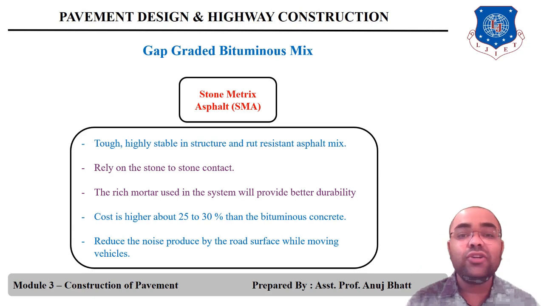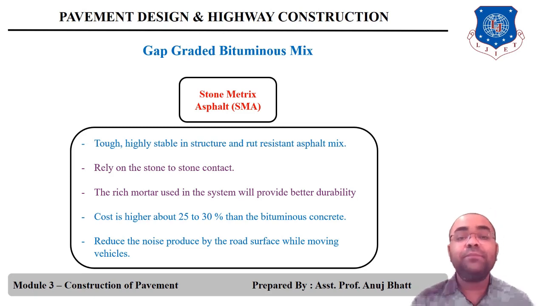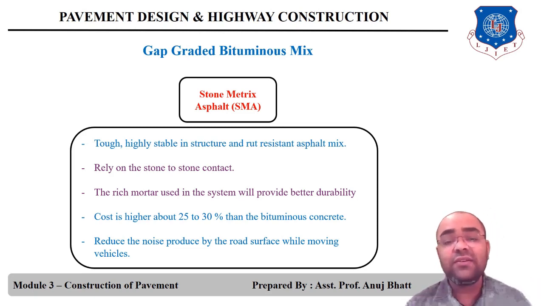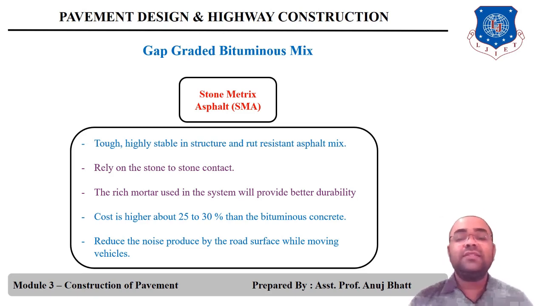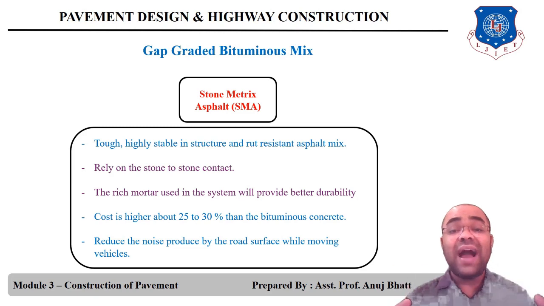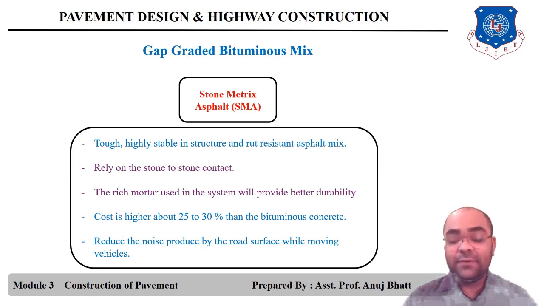Though it has a higher cost, stone matrix asphalt is used in the construction of pavement. The reason for the increased cost is its composing material, like cellulose fiber, modified binder, and the binder content. Because of the use of these high graded materials, stone matrix asphalt has a higher cost than other bituminous mixes. So this is all about the gap graded mixes.